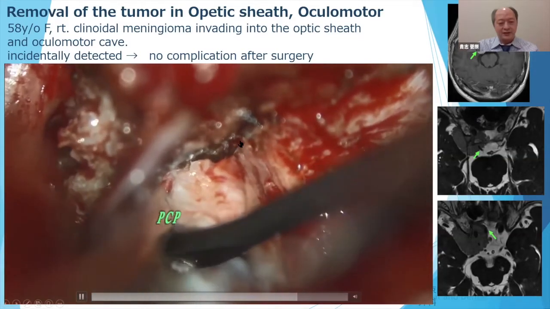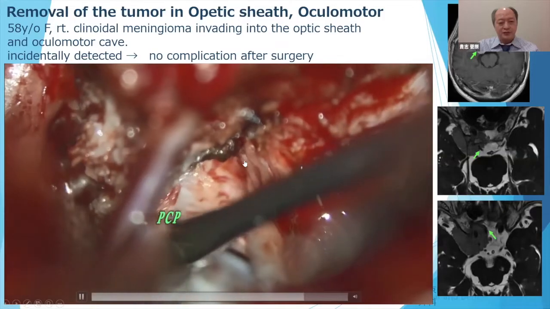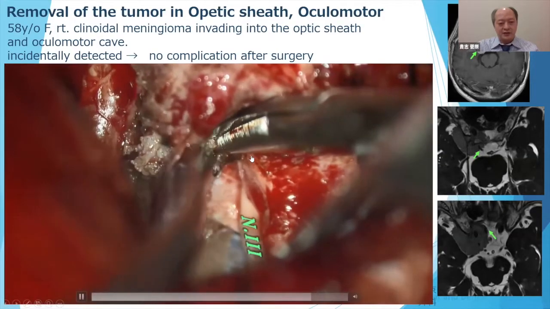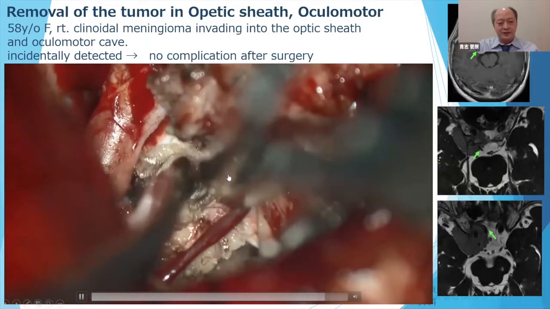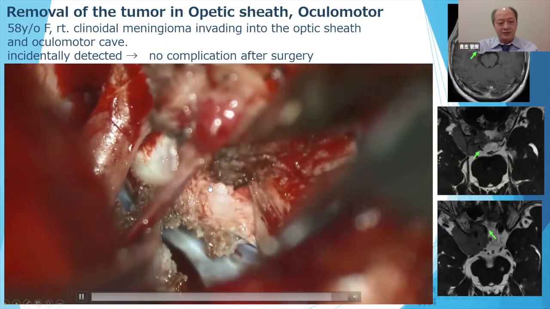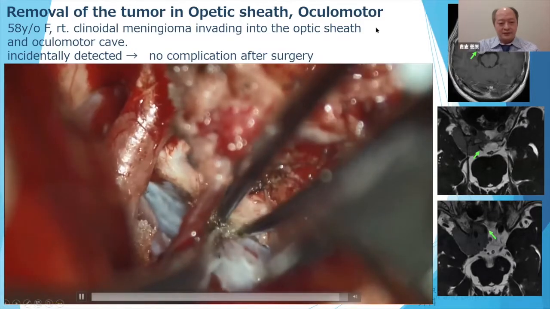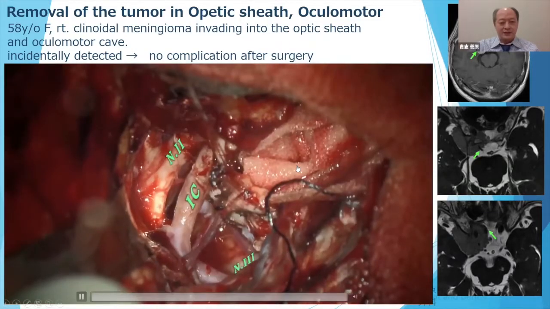I think this is a very important procedure, to decompress the oculomotor nerve like this. And here's the attachment. This is the final view.